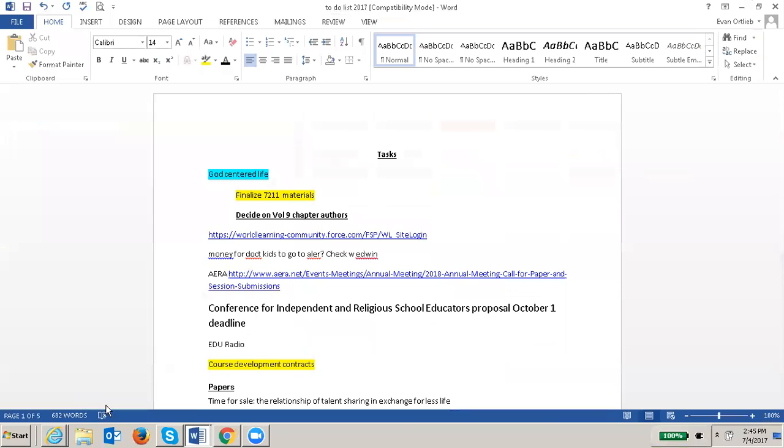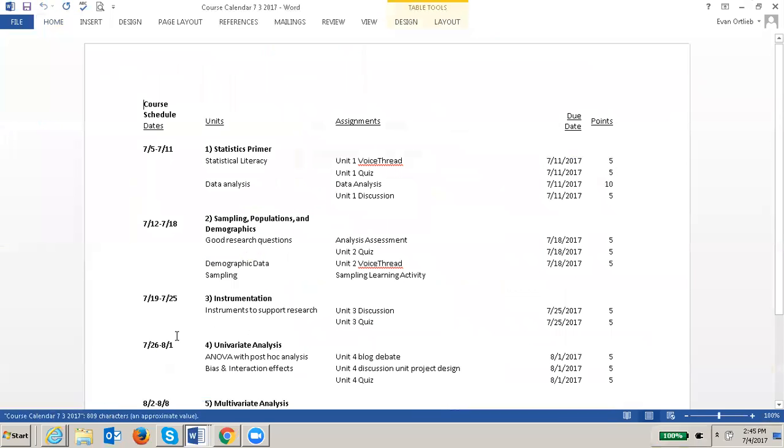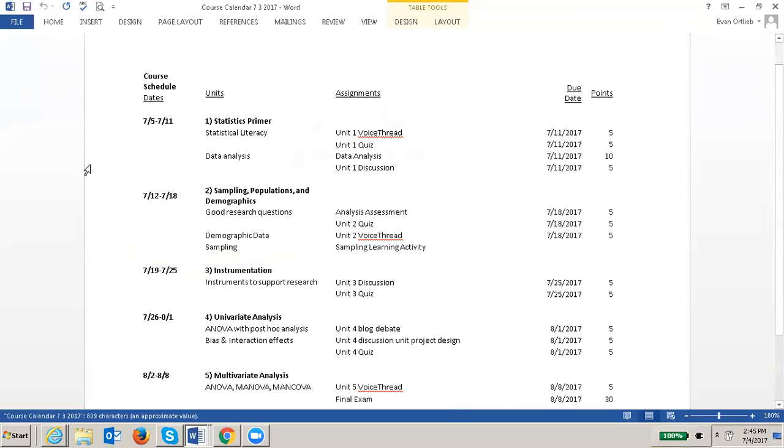If we click this course calendar and have a quick look, you will see that they are divided into 5 weeks. The first week being a primer, a slight review session to ensure everyone's on the same page. This is going to include a voice thread, a quiz, and a data analysis activity that's worth 10 points.